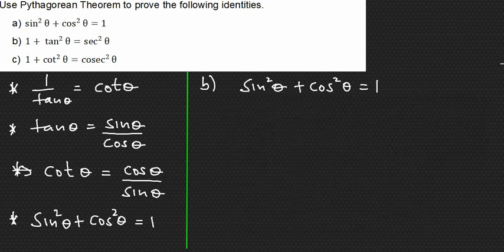So here what I'm going to do is to divide by a sine squared theta. Now when I divide by sine squared theta, this first term will be 1. Then this is going to be cos squared over sine squared. So it is cos theta over sine theta.